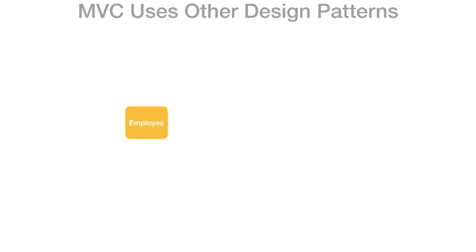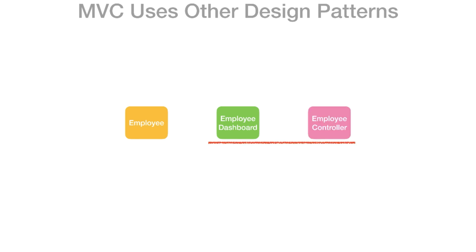For instance, if you look at the employee dashboard, which is the view, and the employee controller, these are observers, because they will be notified whenever state changes in the model. To the left here, we have a model, which is our employee. If something changes, they will be notified that something changed and we need to do something here.